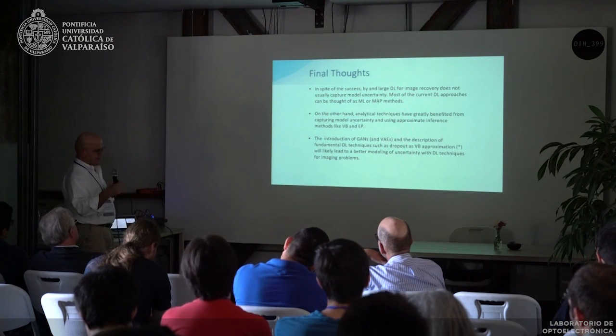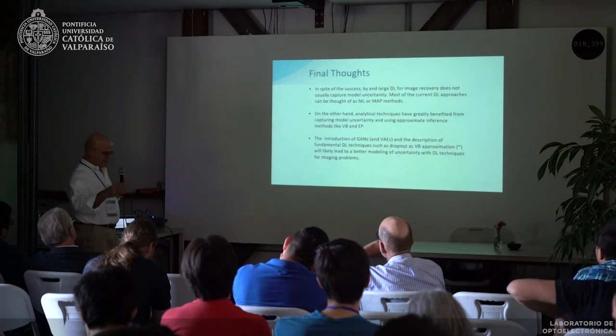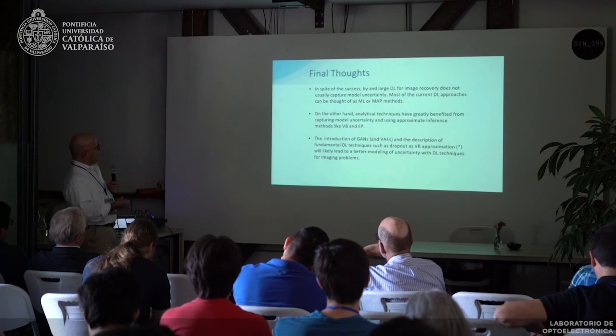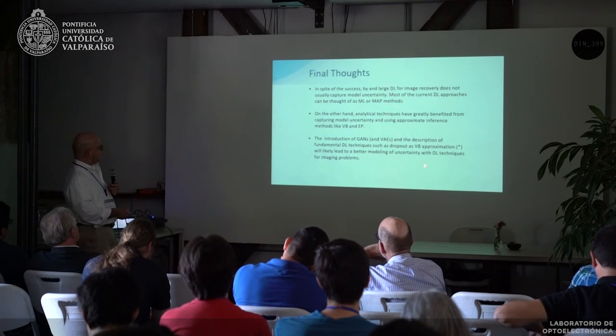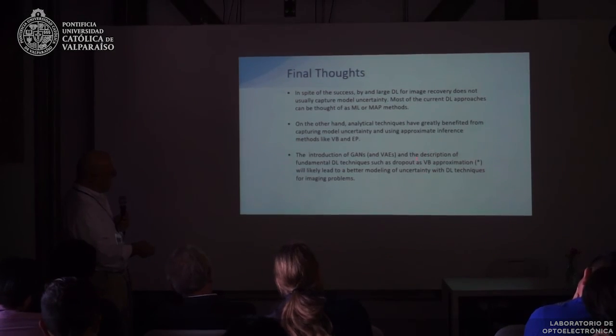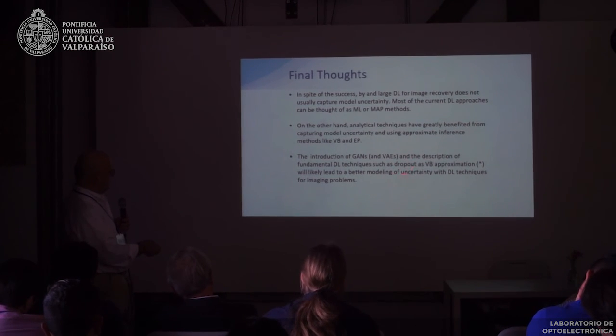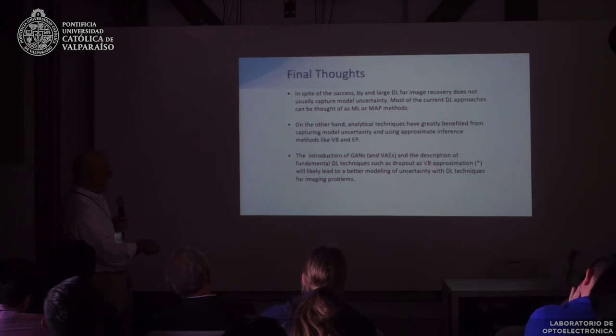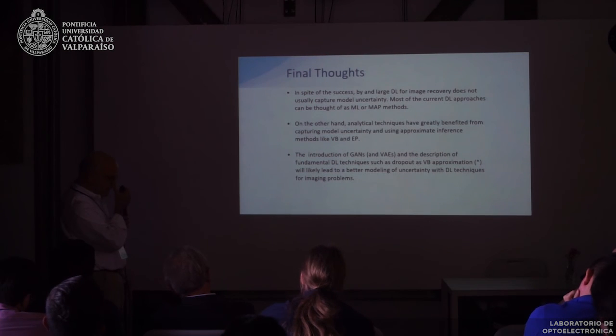That's an idea where we approximate the posterior of a variational Bayesian, and this gives rise to the autoencoder. It can be used to have a better understanding of the neural nets. There's a result here where dropout can be thought of as a variational Bayesian approximation.